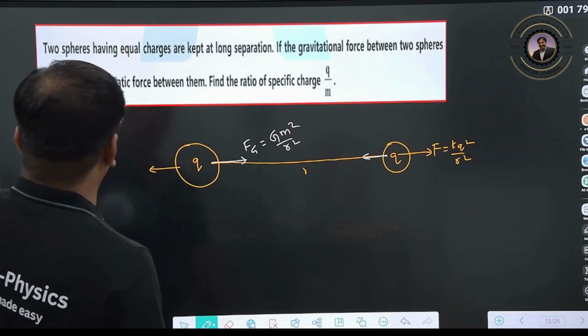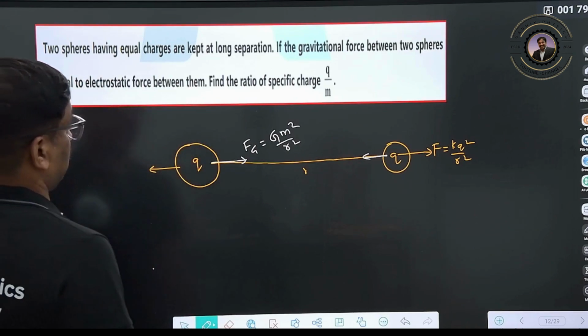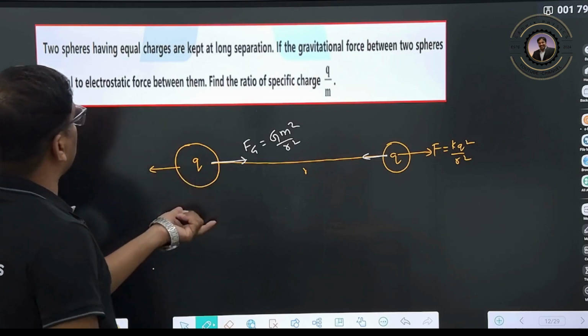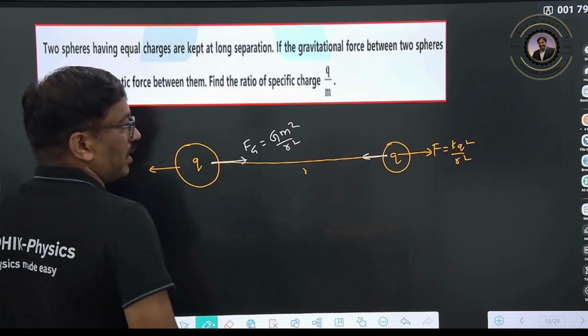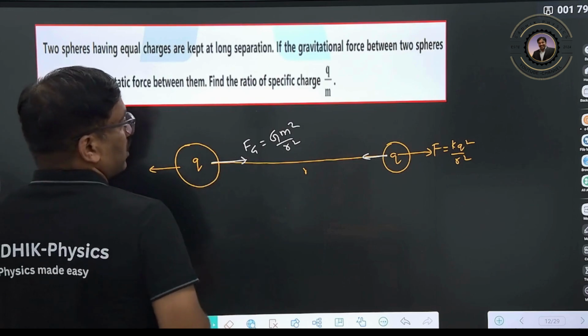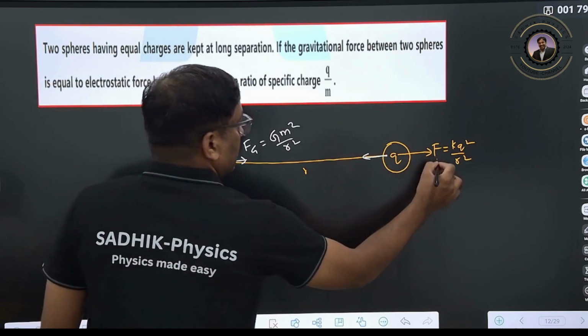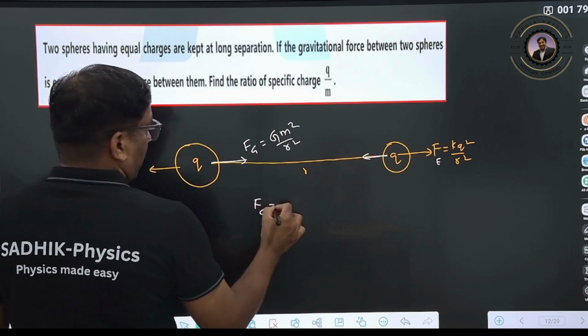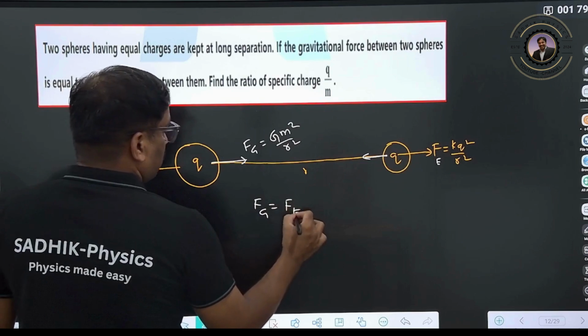Two equal charges, so you can take them as identical. So these forces are equal. This is the electrostatic force, this is the gravitational force. What is given? Gravitational force and electrostatic force are equal.